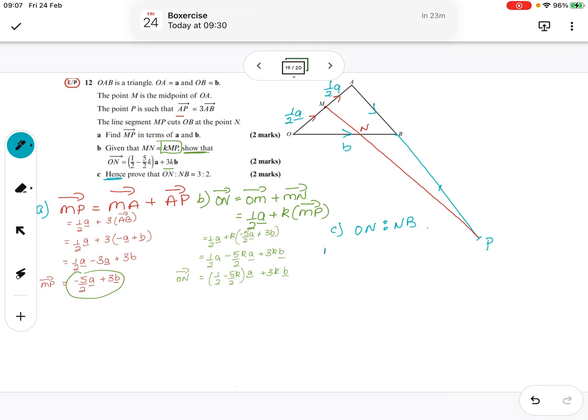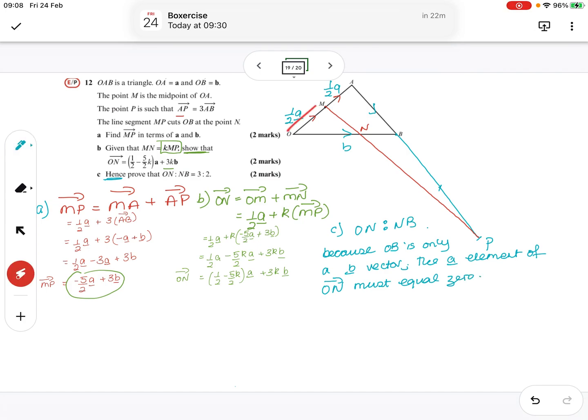So because OB is only a B vector, the A element of ON must equal 0, because it's not going in any direction A, it's only B. So that means a half minus 5 over 2 k, which is this A element, must equal 0. And brilliantly, if it does, we can solve for k.